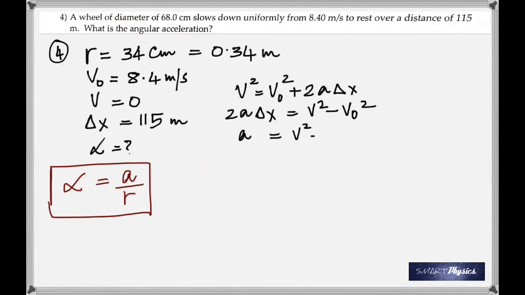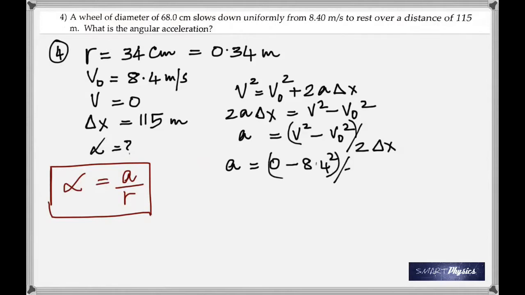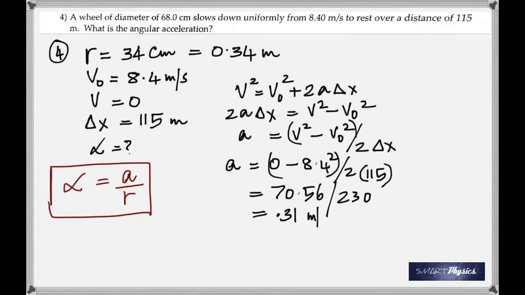Rearrange that to make a the subject. And on calculation, 70.56 divided by 230, which is 0.31 meter per second squared.